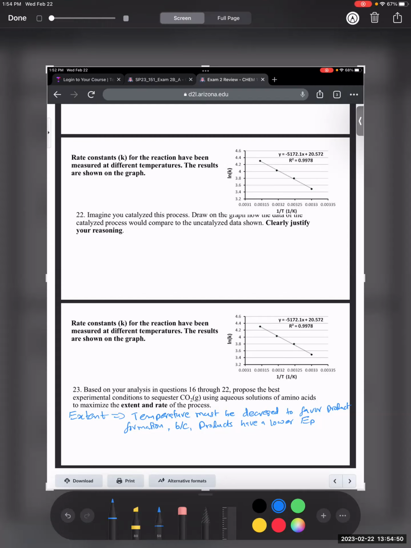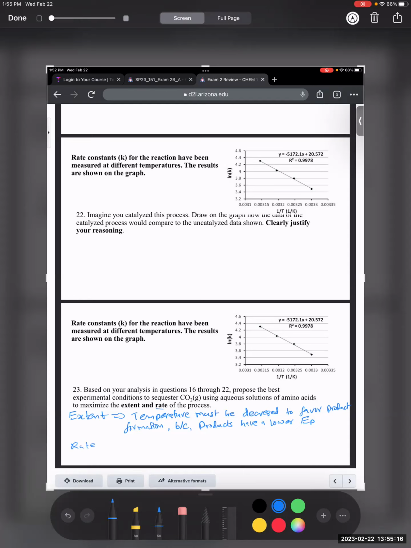Now the issue with that is, when you lower the temperature, the rate of the reaction is going to be adversely affected. Rate is going to slow down.